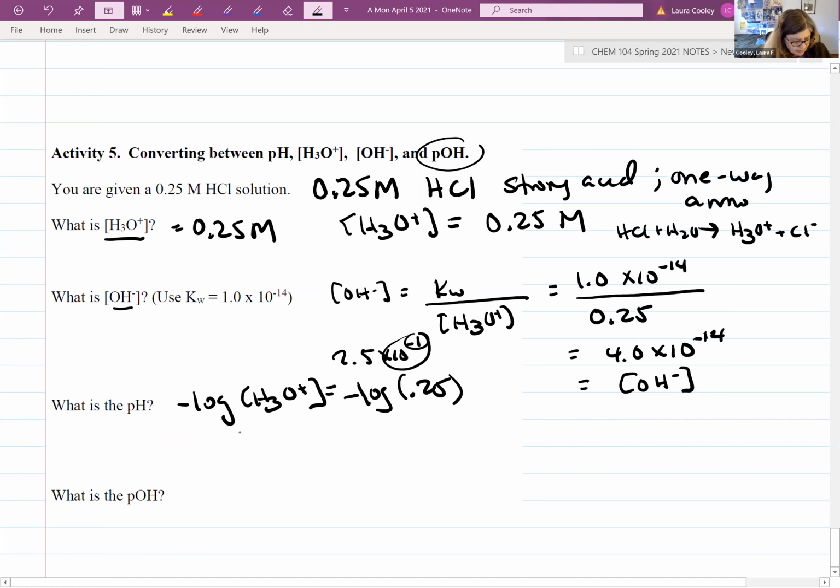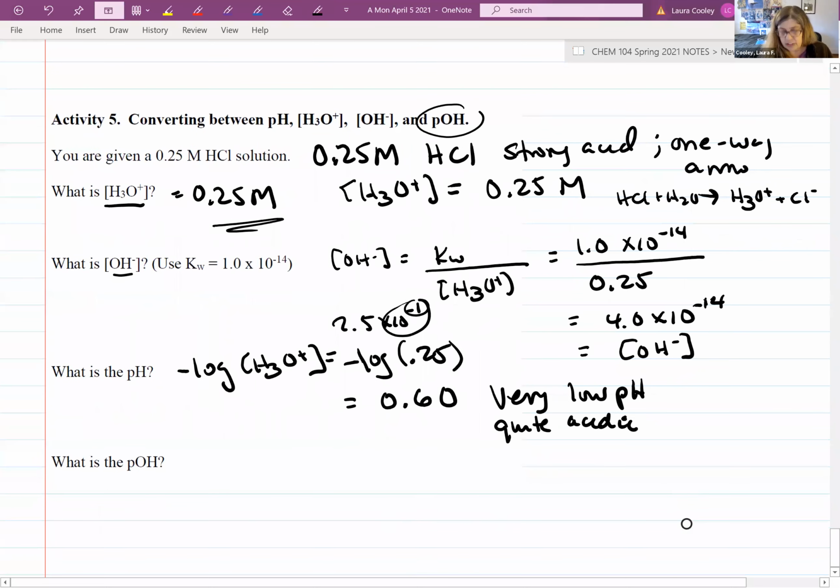So it's around 1. And if you do it on your calculator, you get 0.60 on the pH scale. It's close to 0, right? It's really way over to the left. This is a very low pH. It's quite acidic.